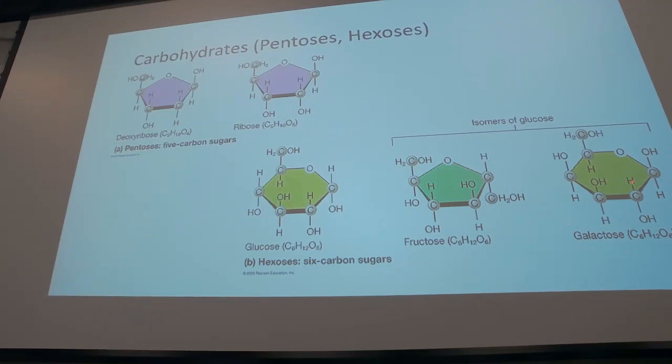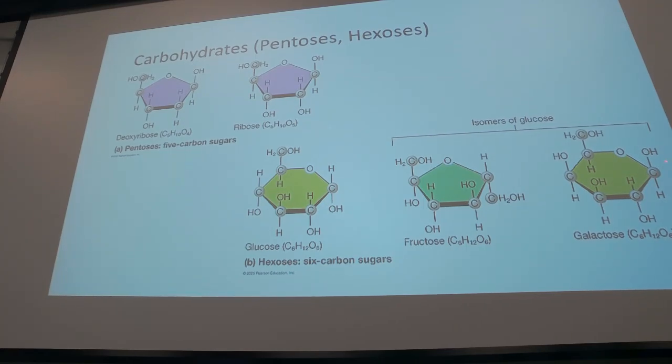And then galactose, it's also an isomer of glucose because it has the same formula, but it has a different shape. So it's very similar to glucose, more similar than fructose is to glucose. But look at the orientation of this hydroxyl group, or this OH. While glucose has it in this position, galactose has it in this position.